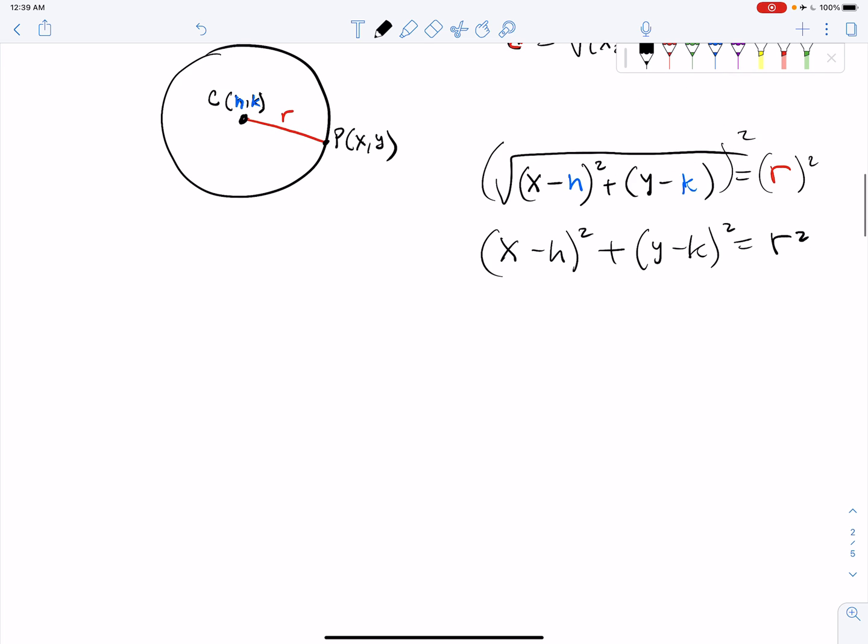And this is where h comma k is the center of the circle. And notice, you can think of it as taking the opposite: you see a negative h, so it's h; negative k, so it's k. So the center is h comma k, and the radius is r.